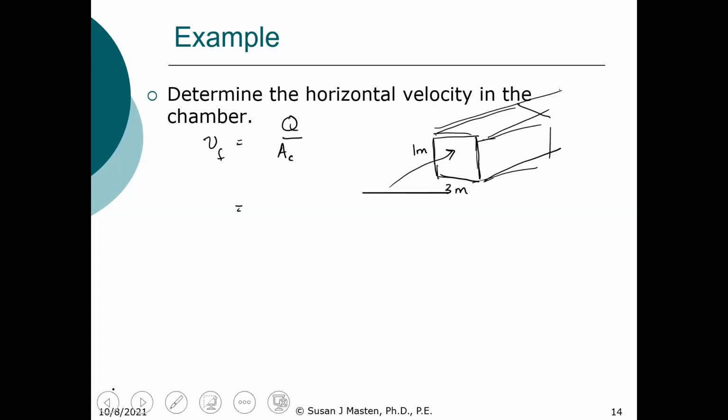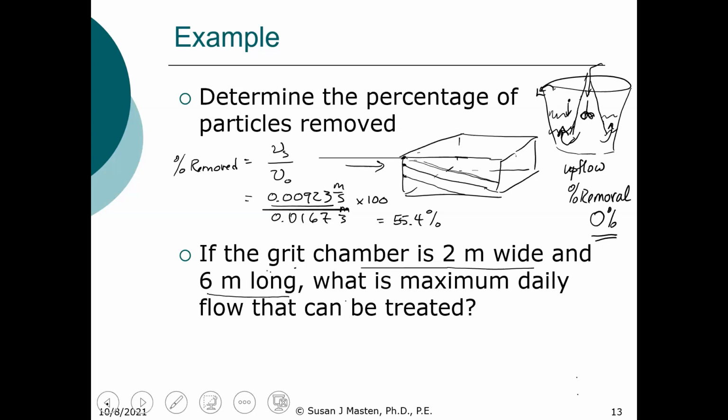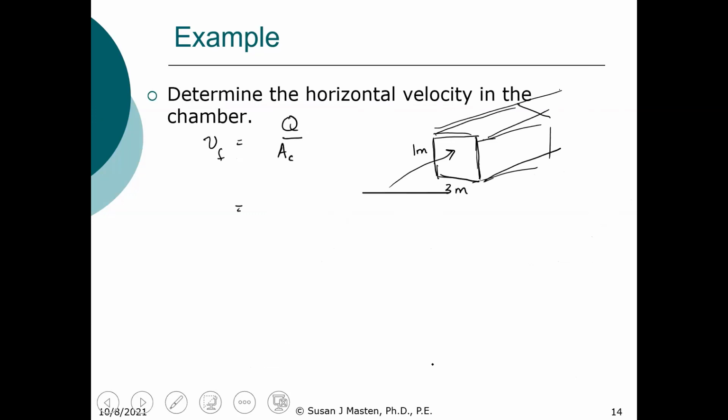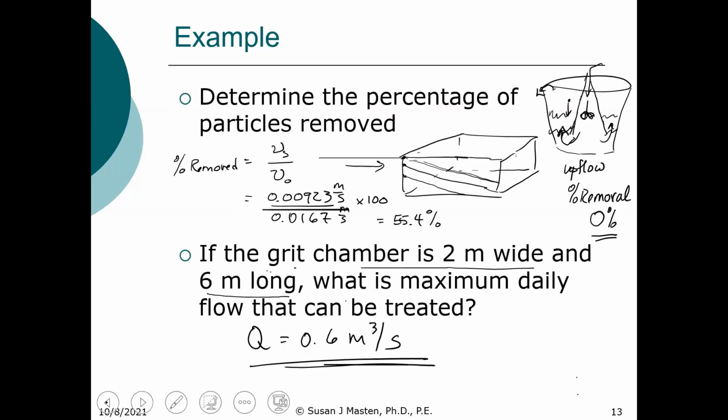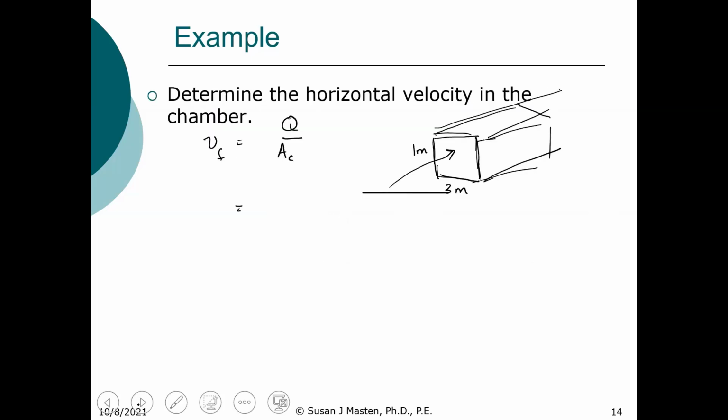So I'm going to change this slightly. I'm going to give you a flow rate, and I'm just going to say that the flow rate is equal to 0.6 cubic meters per second. What I did in my calculations was use the particle settling velocity, which doesn't make any sense. So we're just going to set Q as 0.6 cubic meters per second.